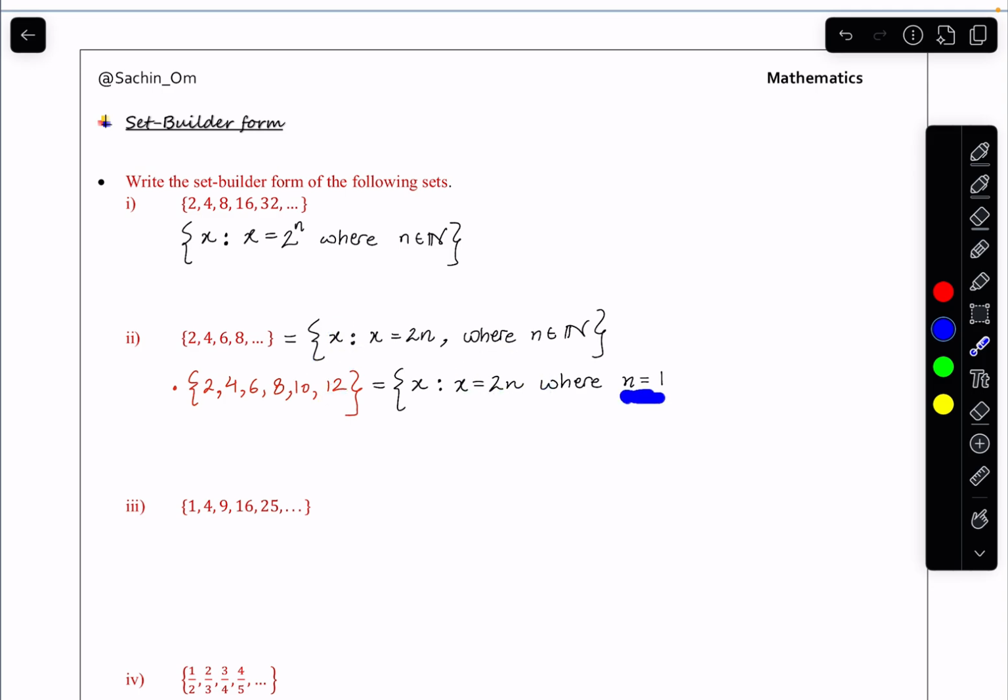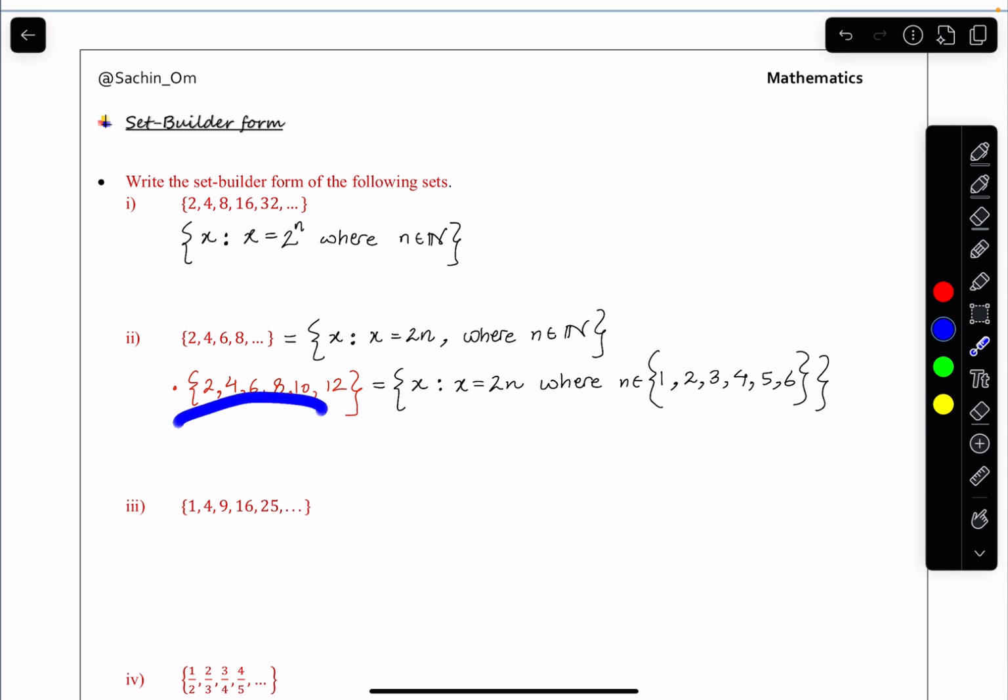So this counting that I've written here only goes on for n from 1 up to 6. n is equal to 1, 2, 3, 4, 5, and 6. So let me rewrite it as n belongs to the set which has the first 6 natural numbers. So this is a set builder form for the set that I've taken: 2, 4, 6, 8, 10, and 12.